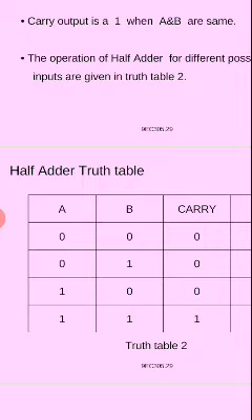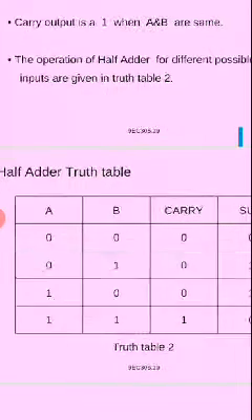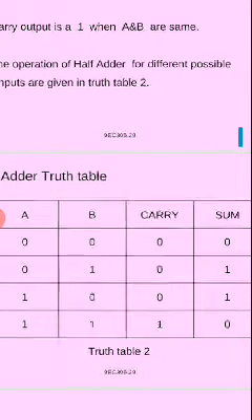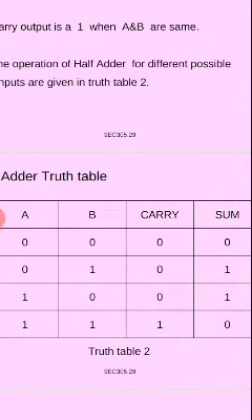Half adder truth table. Two inputs A and B, and two outputs carry and sum.